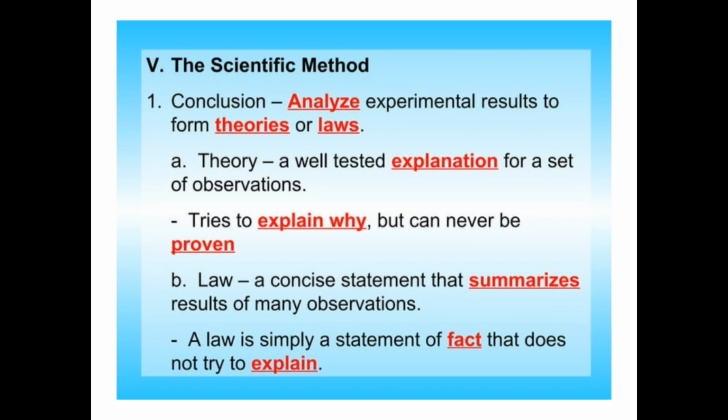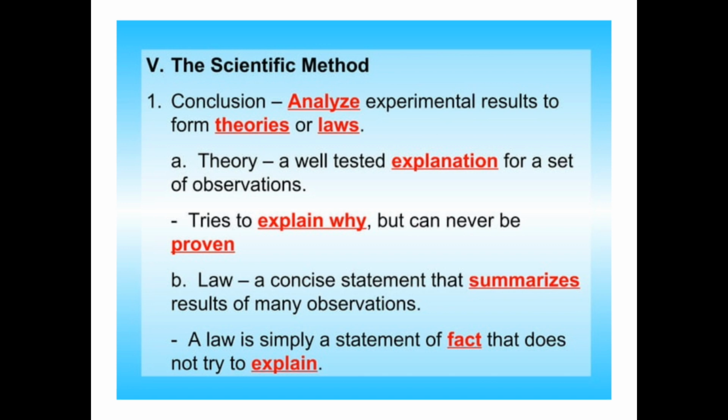Now after saying that, immediately you conclude with your experiment, you make a conclusion. From the experiment, you make a conclusion. You analyze experimental results to form theories or laws. A typical conclusion will result in either a theory or a law.